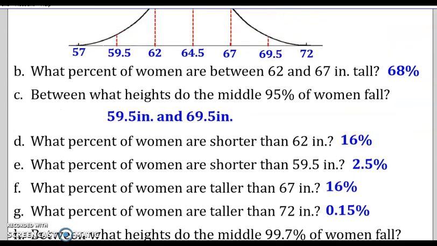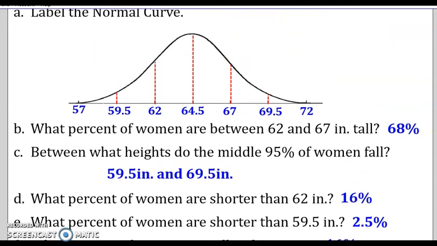All right, part B says percentage of women between 62 and 67. Well, that's just one standard deviation in each direction, so that's 68%. Between 59 and a half, 69 and a half. Ooh, that's not a good highlighting job, my bad. Well, that's within 2 standard deviations, right?